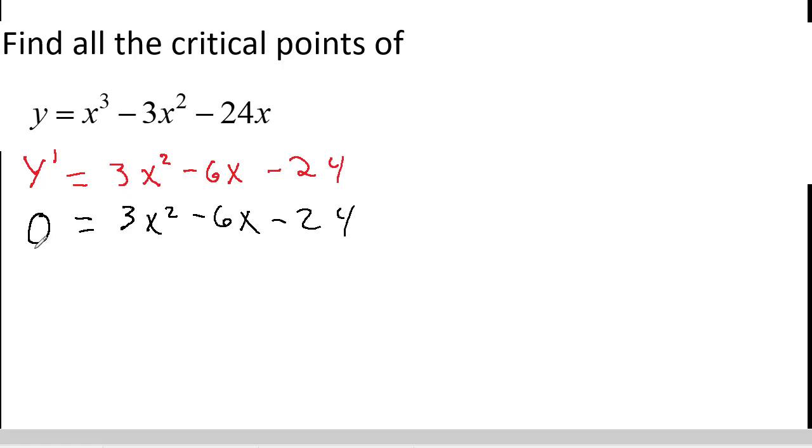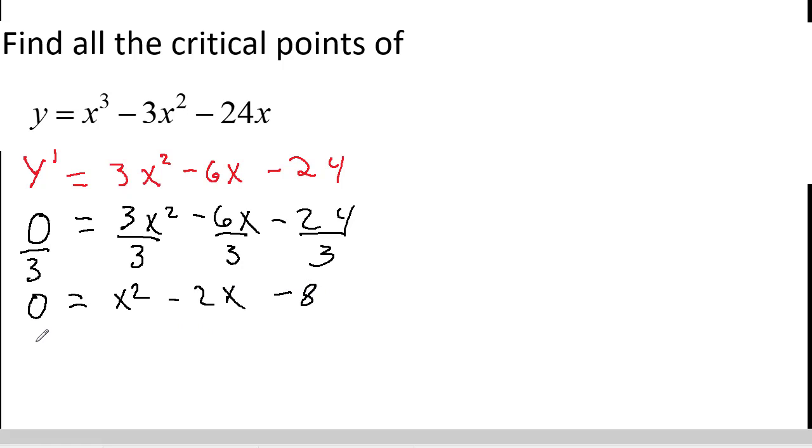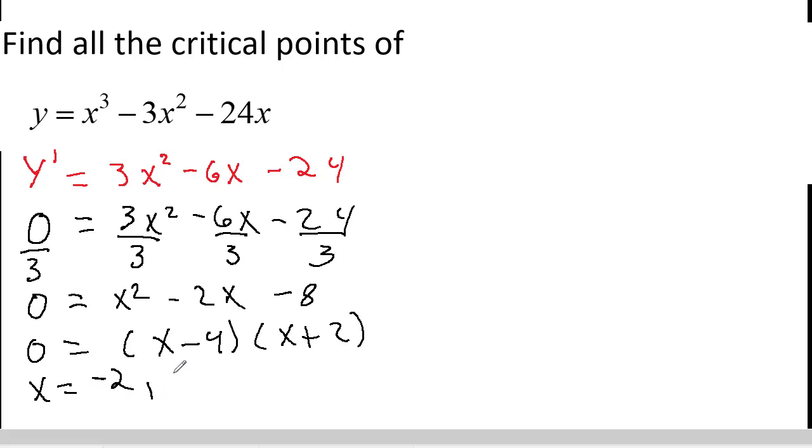In this case, since we're dealing with a quadratic equation and we have one side as 0, rather than factor out the 3, we could just divide everything by 3. And that will leave us with 0 is equal to x squared minus 2x minus 8. And then we factor the same way, x minus 4, x plus 2, and then we get that x is equal to negative 2 and positive 4. And those are our critical points.